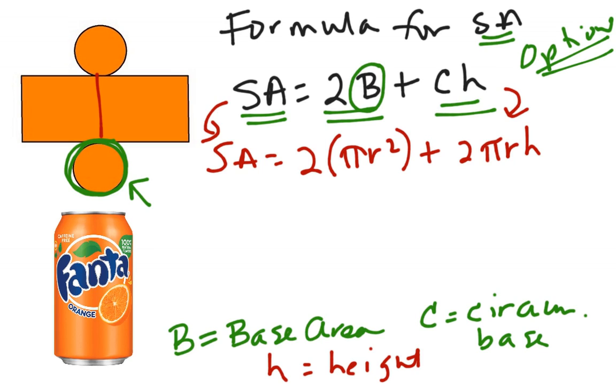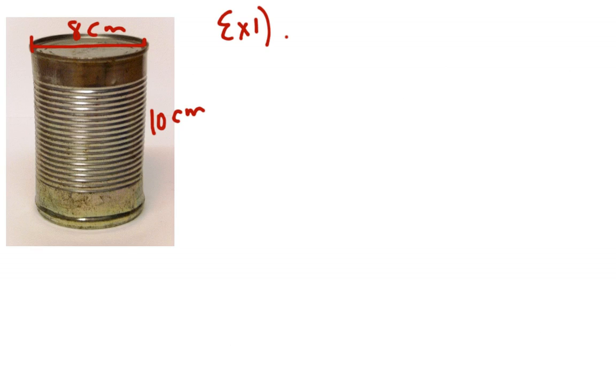All right, example problems. Here's an example of a can that's 10 centimeters high and 8 centimeters in diameter. We don't know what's in this can, so, mystery meat. It doesn't have a label. So I'm going to draw a net.